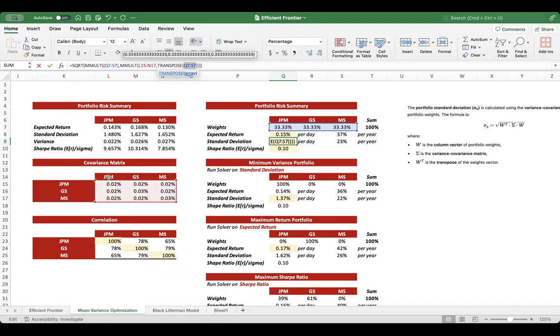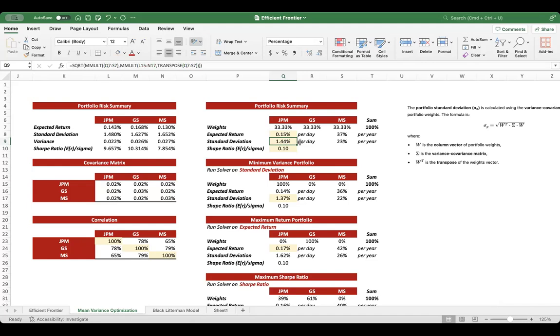So I'm multiplying this matrix with the transpose of this matrix, and this will give me this value. Now after this, I'll again do a matrix multiplication of weights with this whole amount, and then I'll just take the square root to arrive at the standard deviation of the portfolio.